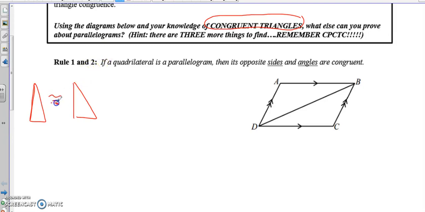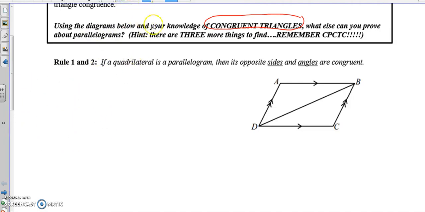If I tell you that these two triangles are congruent, it means that this angle is congruent to this angle, for example. It means this side is congruent to that side. It means this angle is congruent to that angle. It means, all the way around, that all of their corresponding parts are congruent.